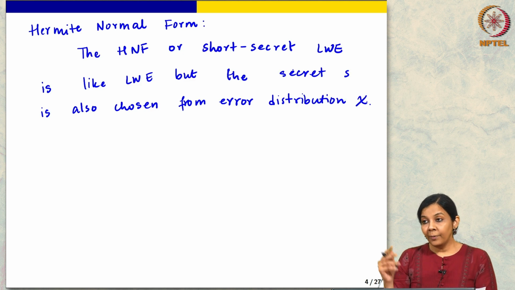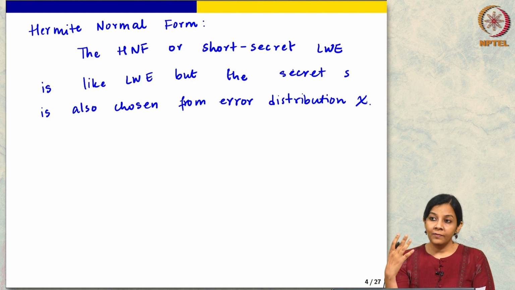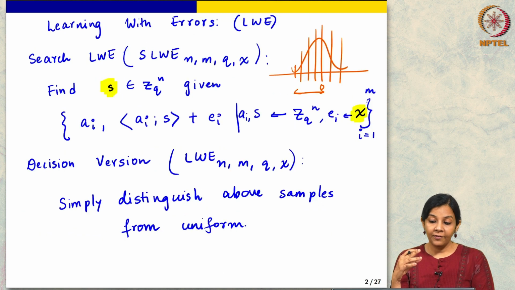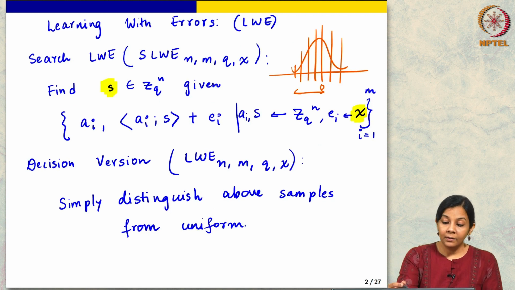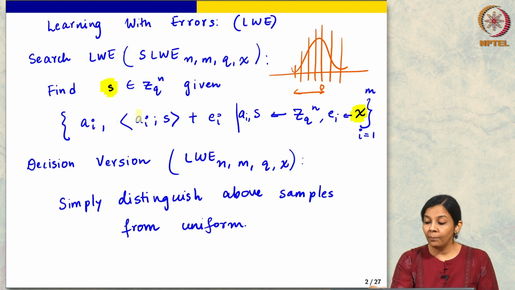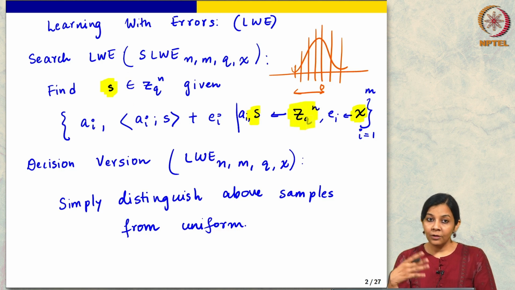Okay. So, remember we are generating AS plus E, right, and previously, when we defined it last time as well as today, we were sampling S uniformly from Z_q to the n. So, these are large entries, and I was telling you how the error obviously has to have small entries, otherwise there is no sense in defining this problem.